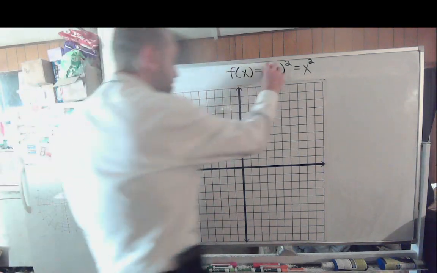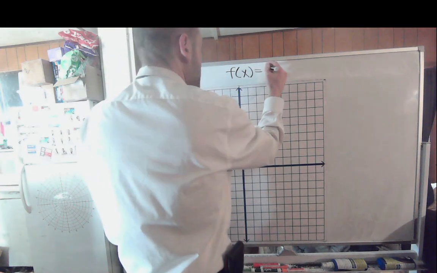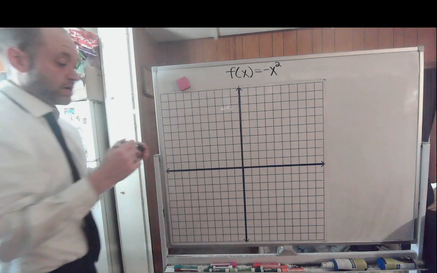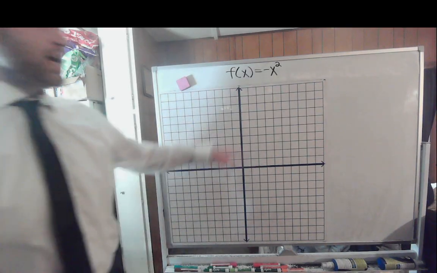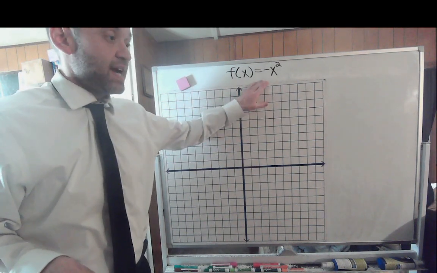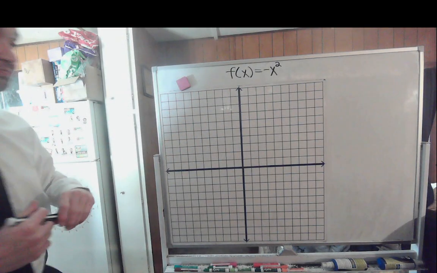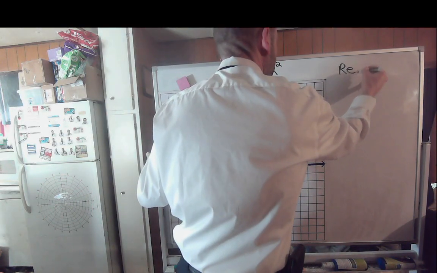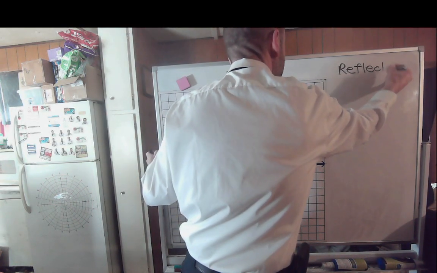We can, however, reflect it in the x-axis. If we did f of x equals negative x squared, now we're in business. We have a reflection in the x-axis. And that's literally all that's going to occur.